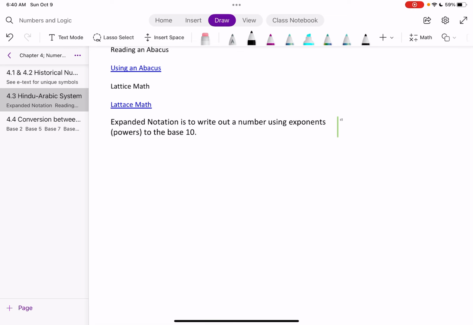Expanded notation is when we write out numbers using exponents, powers, to the base 10. Kind of a review: if I have 10 to the third power, this equals 10 times 10 times 10, which equals 1,000.